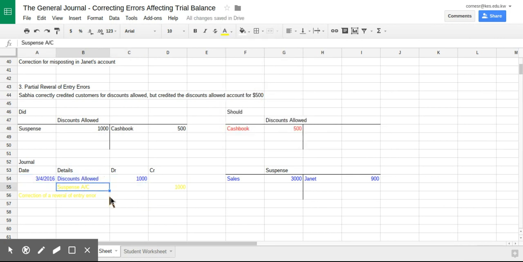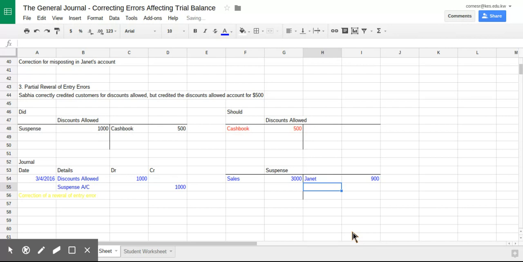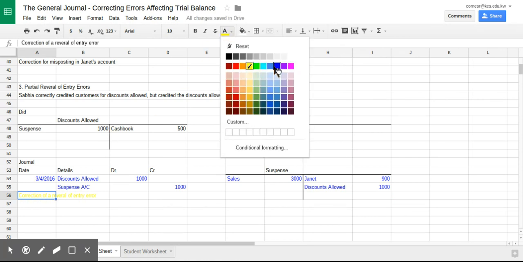And therefore the other entry is going to have to go in the suspense account for 1,000. So that's discounts allowed. Put 1,000 in. Just make it a bit bigger so you can see it. And then again, we need to remember to put our commentary in.